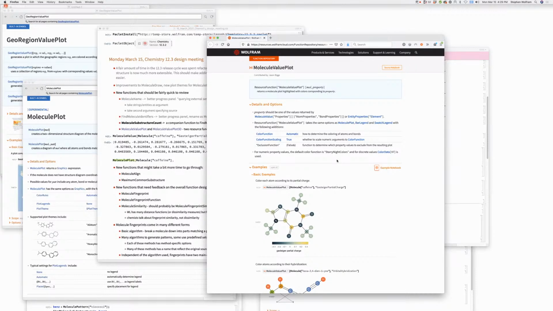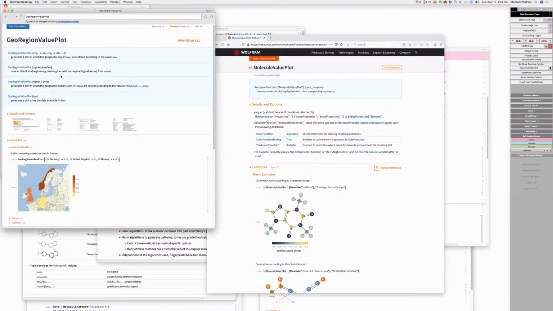So if we look at GeoRegionValuePlot, I'm wondering here whether its notion of property is with an arrow, right? It has a region and then an arrow, which the geographic subdivisions in region are colored according to this. You see what I'm saying?